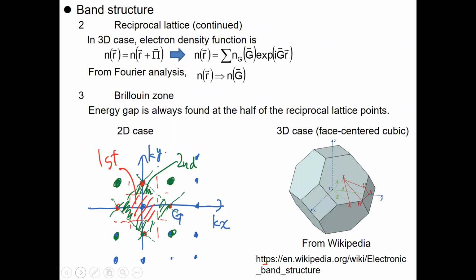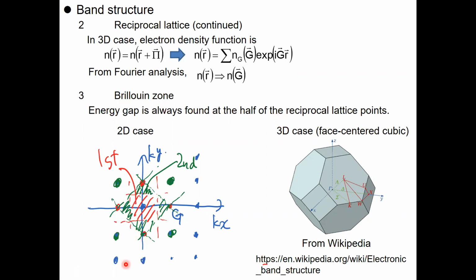And this could be drawn based on this configuration. Based on this, the energy gap is always found at half of the reciprocal lattice, so half of the reciprocal lattice.